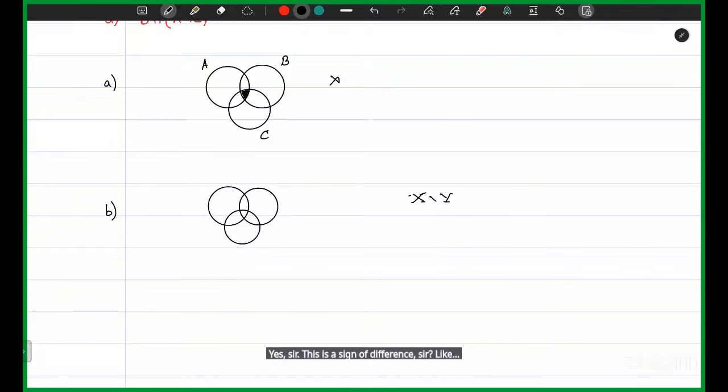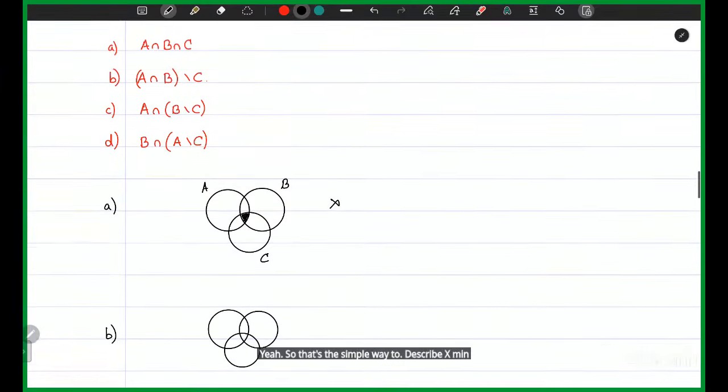Set of all values of X but not in Y. Elements in X but not in Y. Yes, sir. So that's the simple way to describe X minus Y.